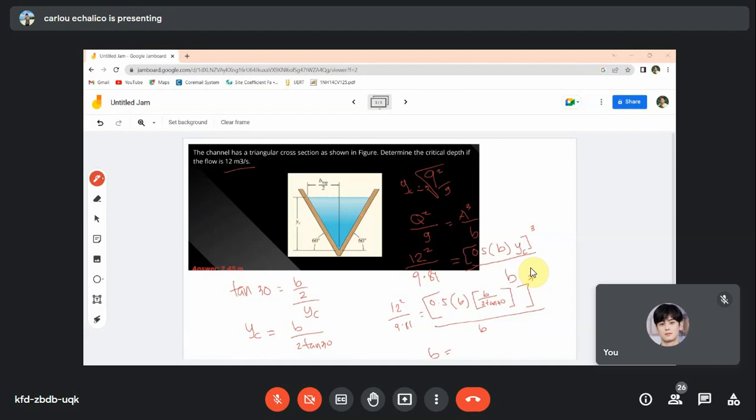Nanay na ako sa B. Compute no? Para basahin mo sa inyong calculator ba?